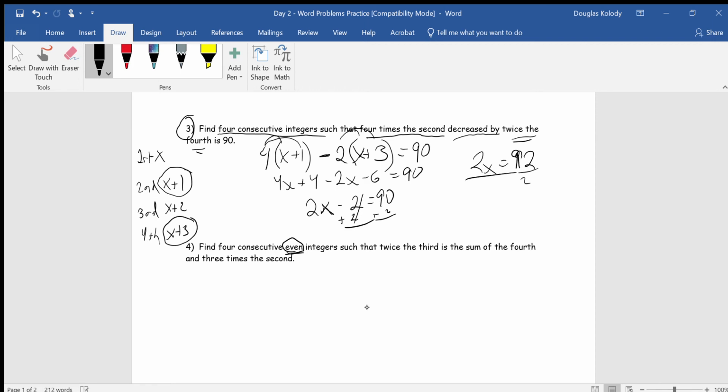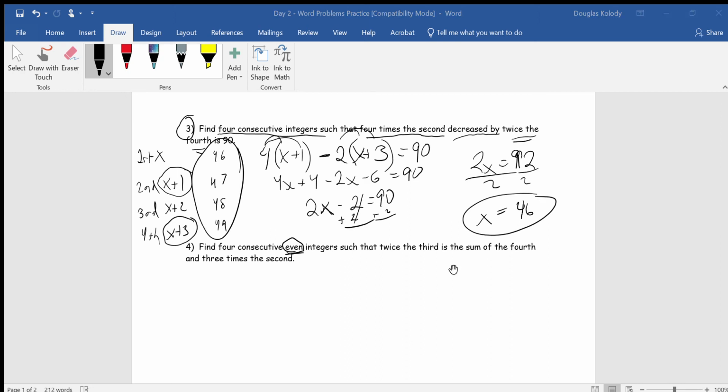And if I take 92 and divide by 2, what is that answer right there? Yeah, that's right, I heard you say it, 46. And so we're left with 46, 47, 48, and 49. Take a moment, look over those answers, make sure that they make sense to you. All right, on to the next one now.